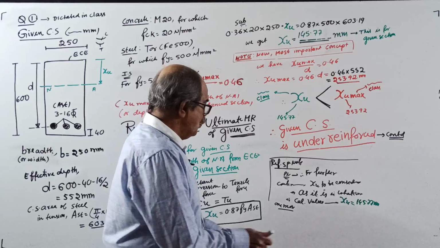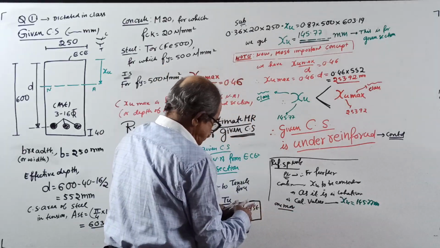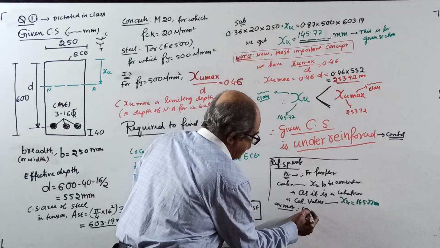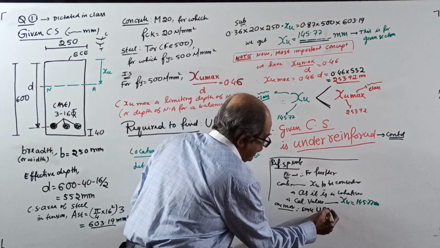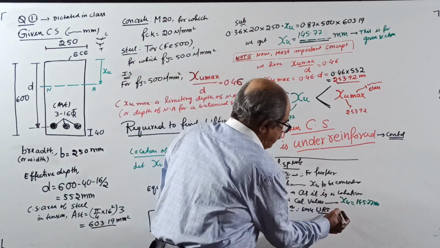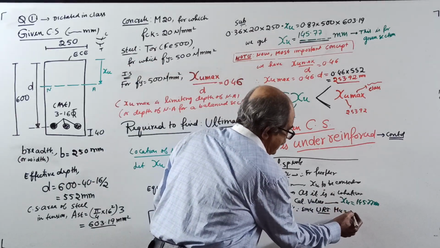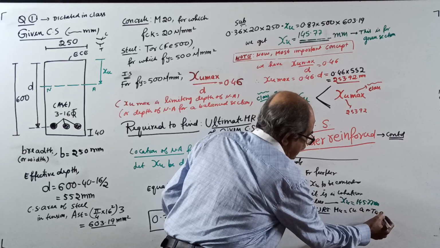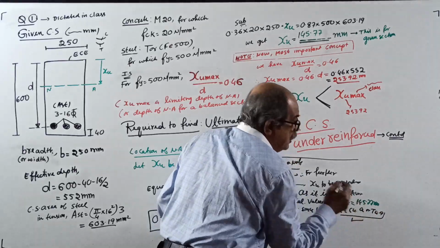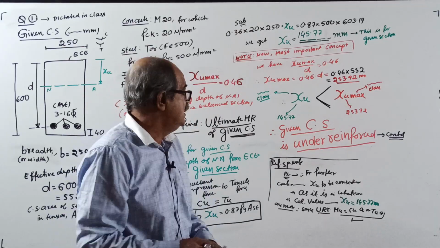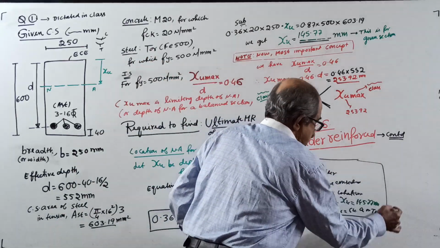So right here, since under reinforced, URI is the short form; ORI means over reinforced. Since under reinforced, you can find MU by either CU into A or TU into A. You can take any one of them; both will give the same answer. Close the personal note.